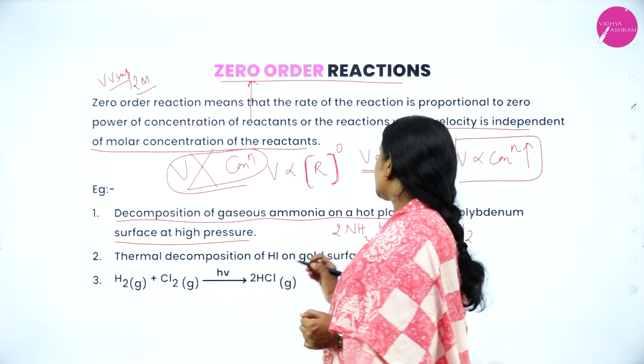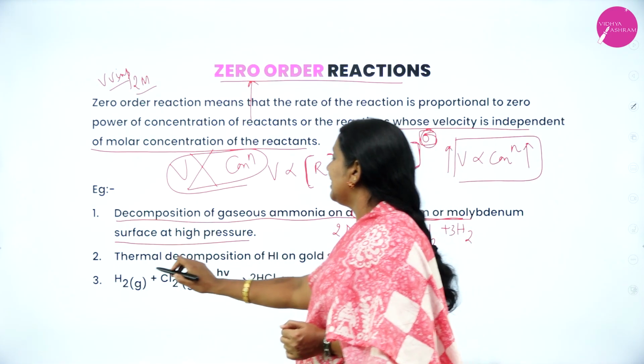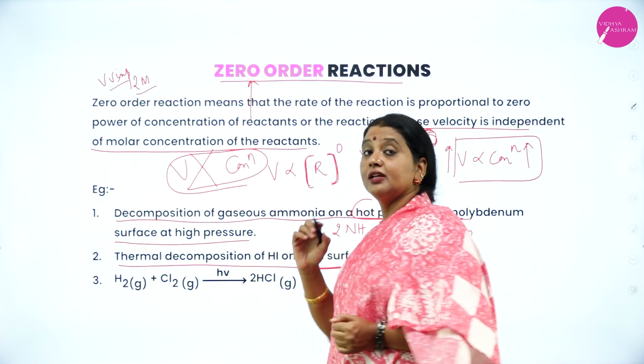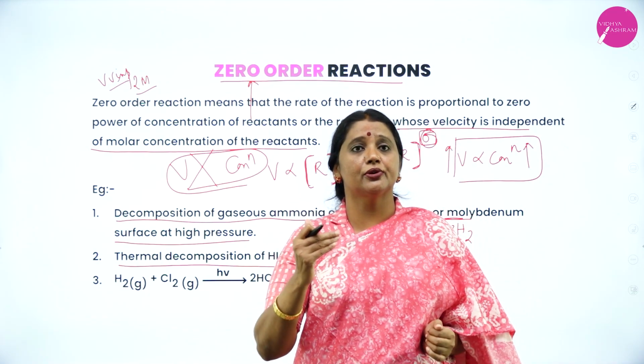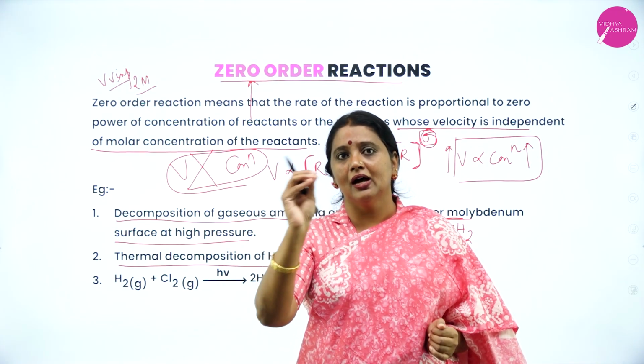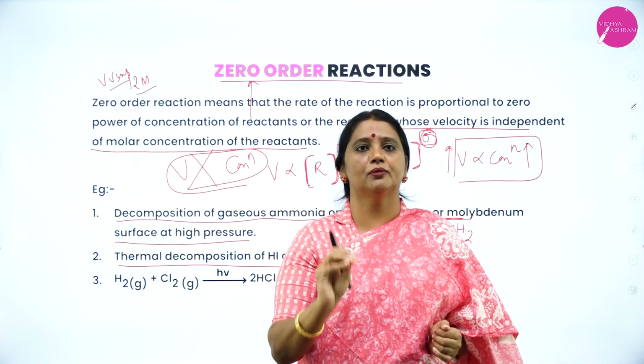So, decomposition of ammonia on the surface of hot platinum or hot molybdenum. Next, thermal decomposition of hydrogen iodide on the gold surface. When it is hydrogen iodide, which one do we take? Gold. When it is ammonia, which one do we take? Hot platinum or hot molybdenum. Okay.